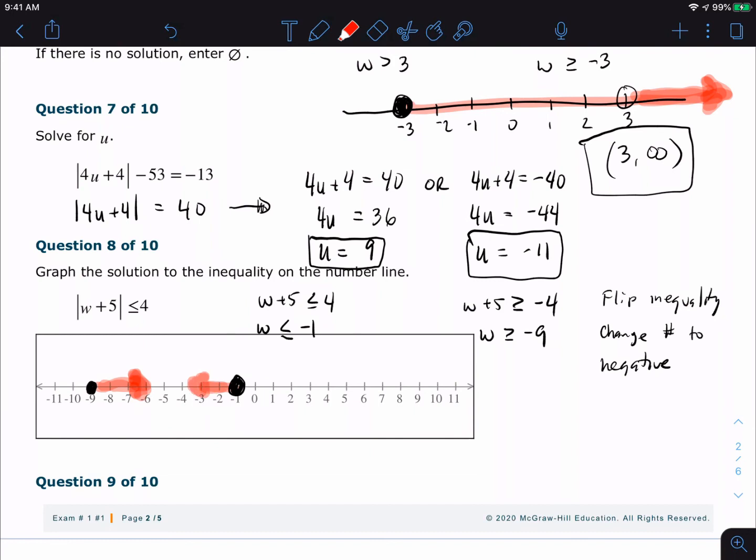So the answer here ends up being this piece since they want it shaded. If they wanted it in interval notation, it would have gone from negative 9 to negative 1, and it would have been brackets because brackets include the endpoints. So that's just so you have the interval notation for that.